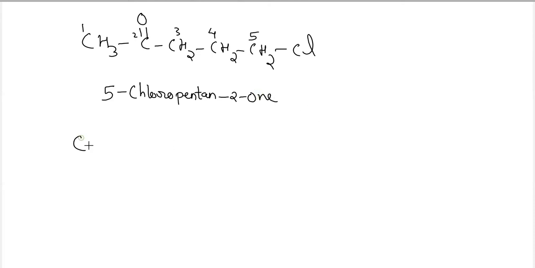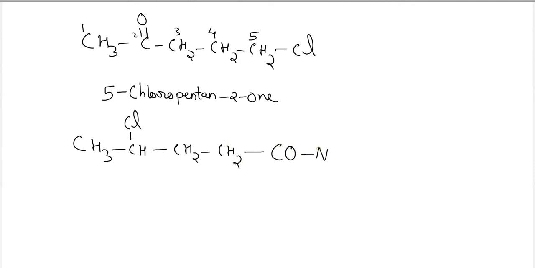Next, CH3CHClCH2CH2CONH2, or it can also be represented like this: C double bond O NH2.